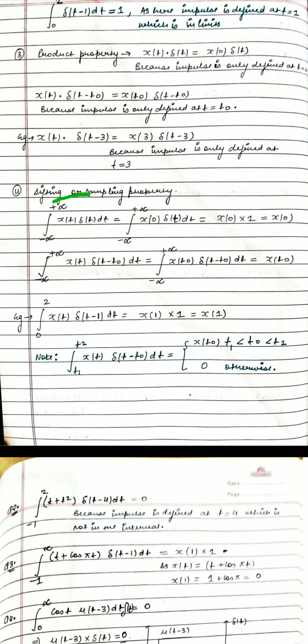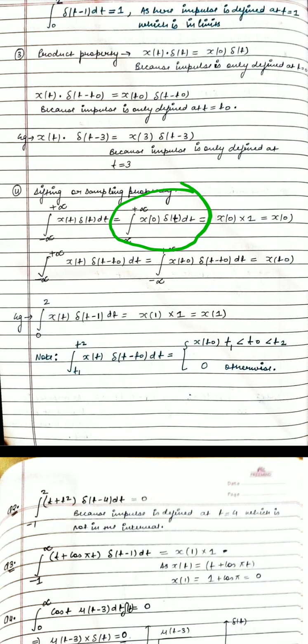So if the question is given like this, from minus infinity to plus infinity x of t del of t, then first apply the product property, which gives x of 0 del of t dt. Now apply the impulse main formula, that from minus infinity to plus infinity del of t dt is 1.